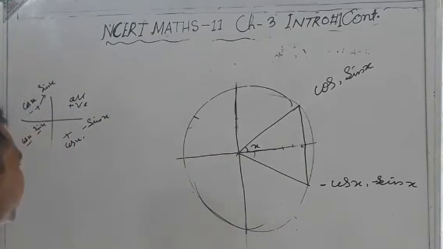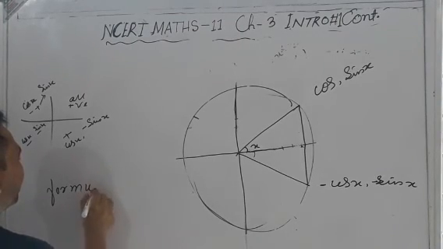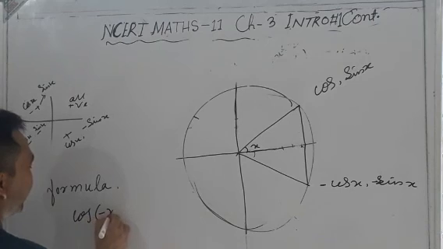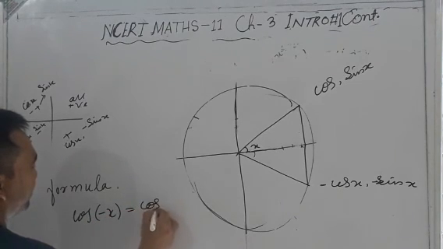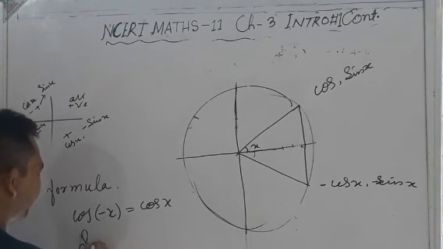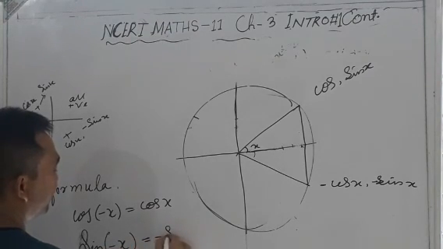So here we get a formula that gives cos x only, and then sine of minus x is minus sin x.